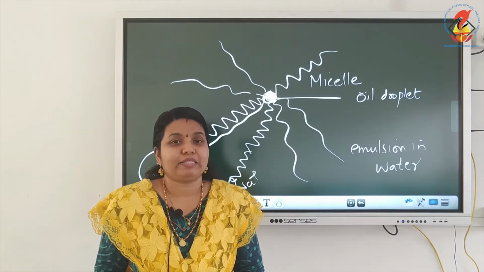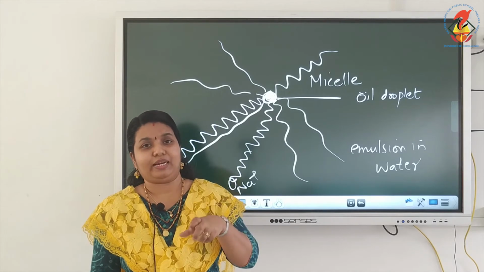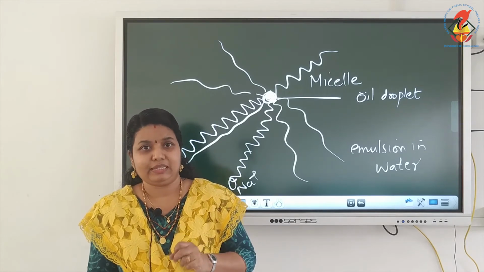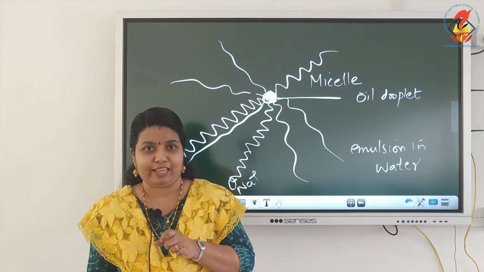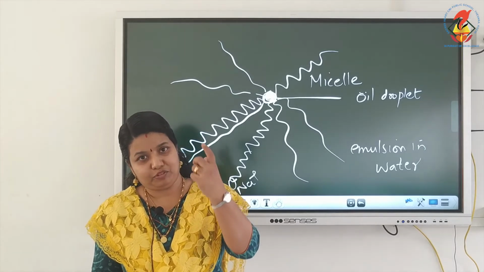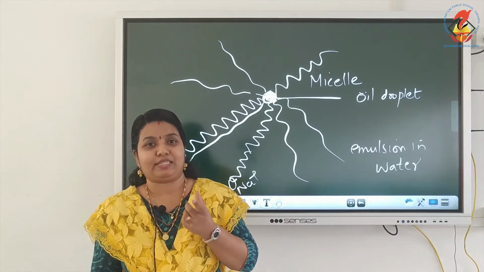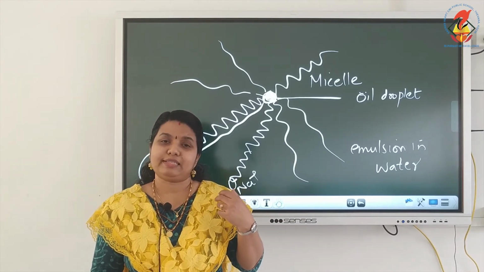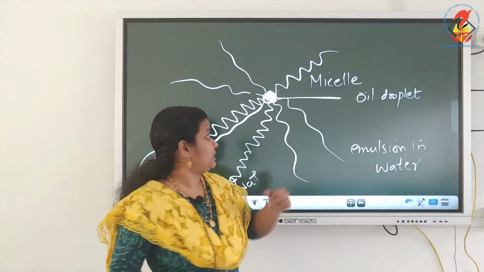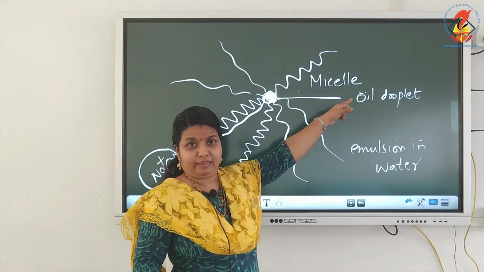So when soap is added to cloth containing oily or greasy dirt, the oil droplet will be surrounded by soap molecules in such a way that the hydrophobic end is oriented towards the oily dirt, and the hydrophilic end faces outside, thereby forming a structure known as micelle.